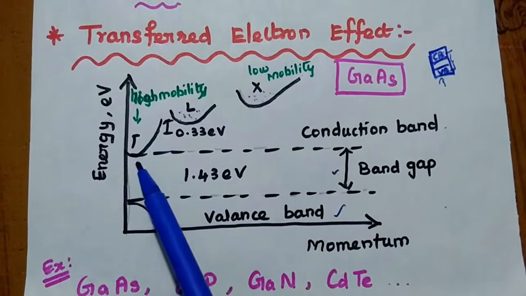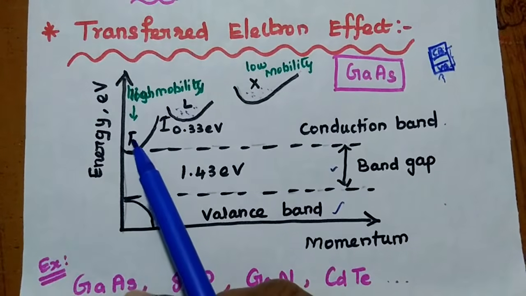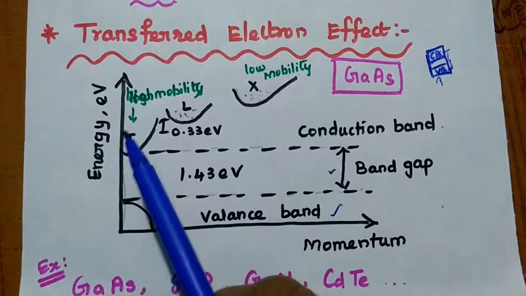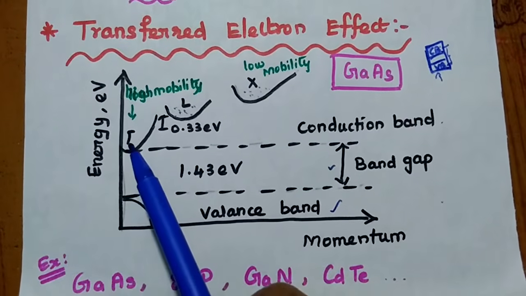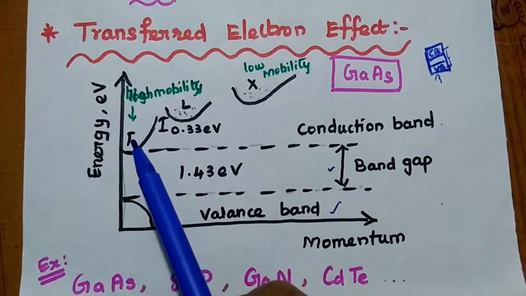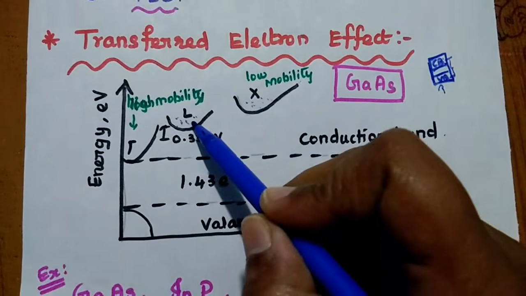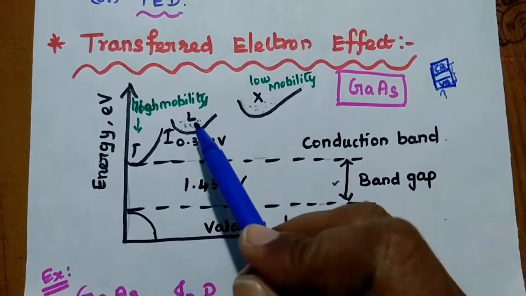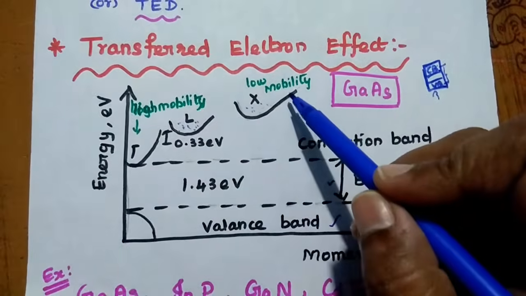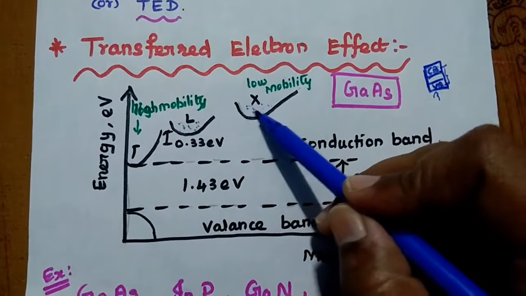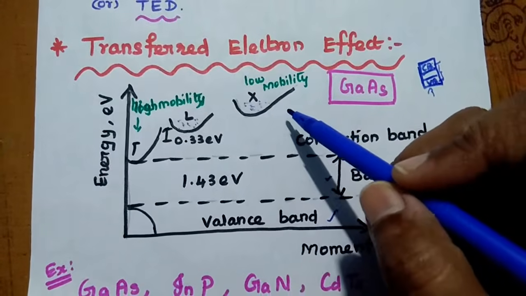Here this is the normal conduction band level, where the electrons have high mobility. The next level of this conduction band has a little lower mobility. In the upper layer, the electrons available in this valley have a very low mobility range.